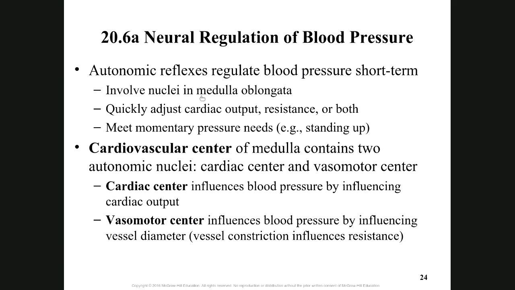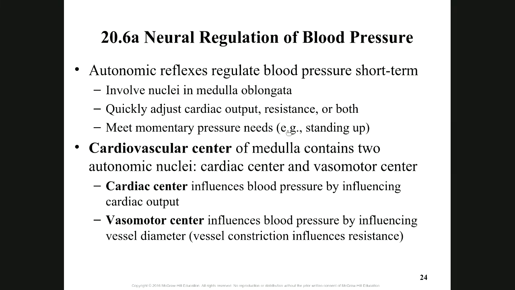I hope you remember, in medulla we have cardiovascular center, and it can quickly adjust the cardiac output, resistance, or both of them. And then it can meet the need of our body for changing this blood pressure, for example, when we stand up immediately in the morning.